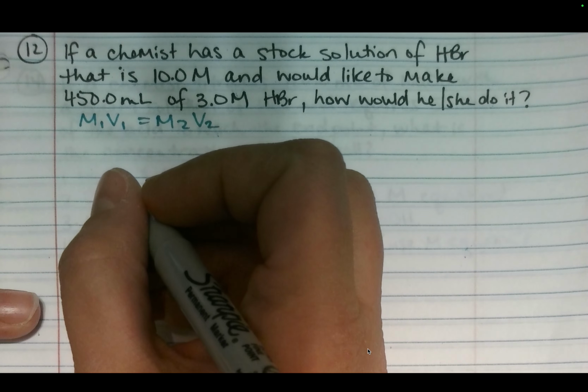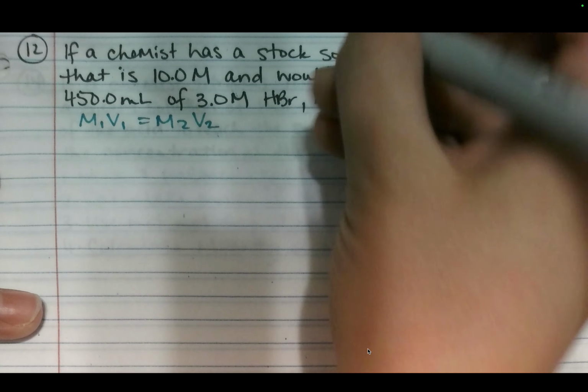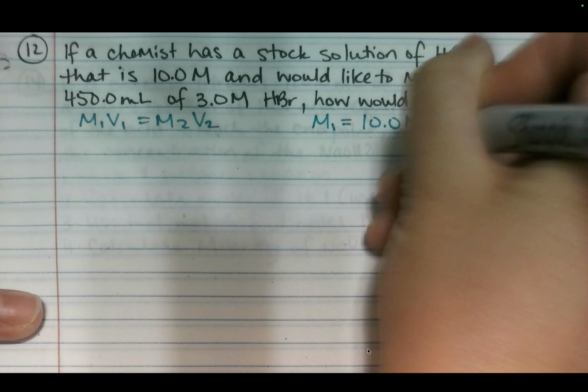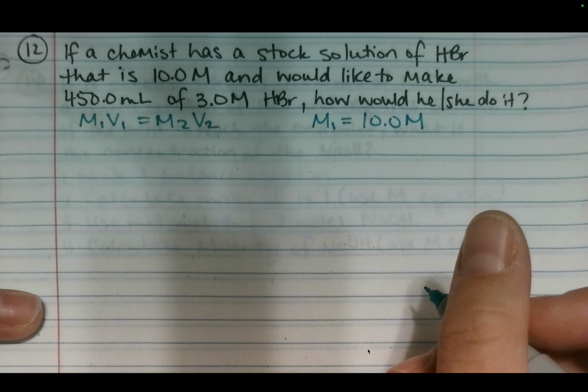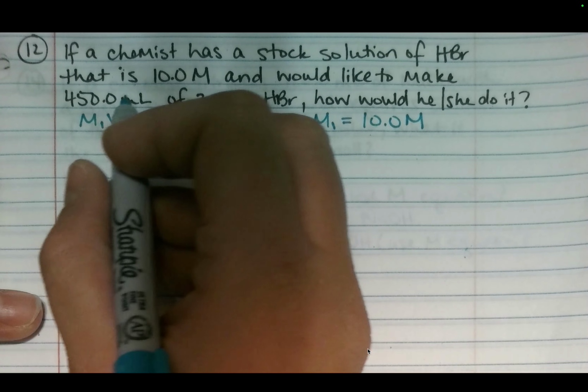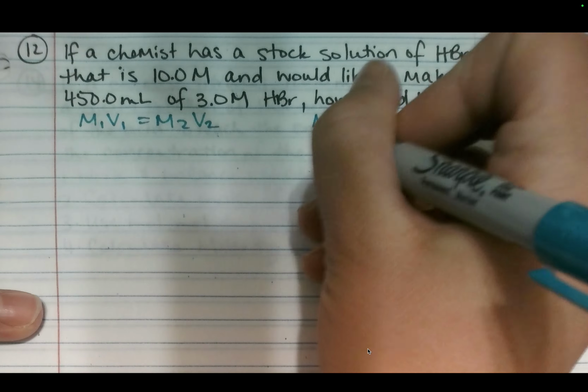So what am I given? I have a stock solution that is 10 molar. So that's M1 equals 10 molar. And I would like to make 450 mL of 3 molar. So this is my V2 and my M2.